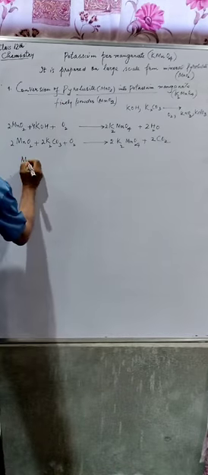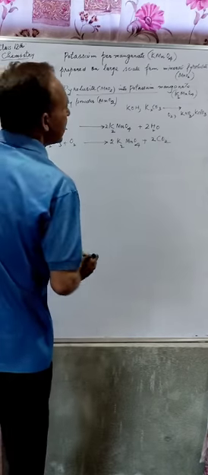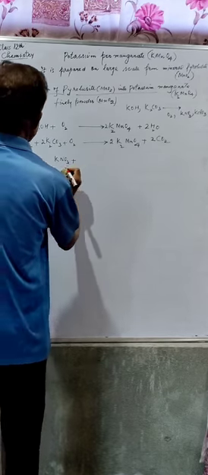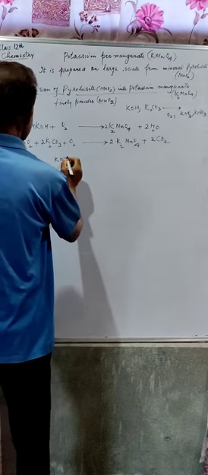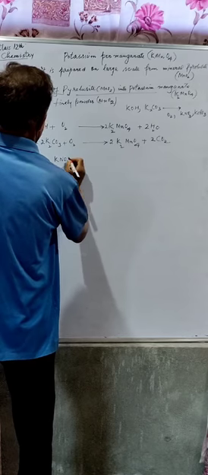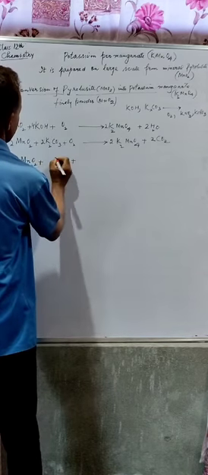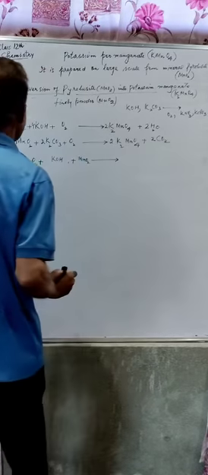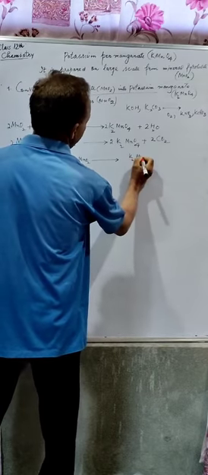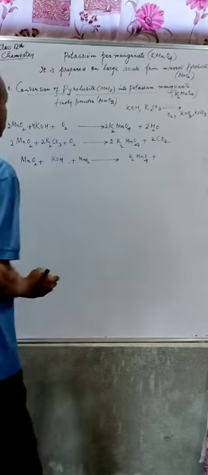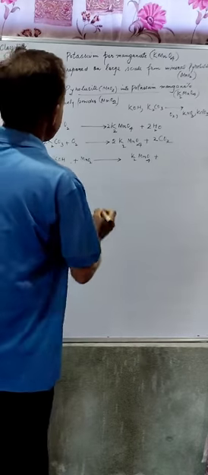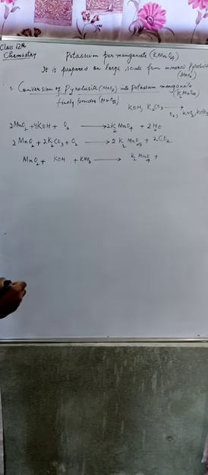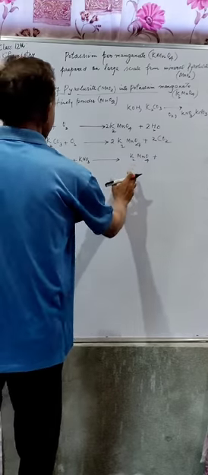Or we can take the reaction in presence of a catalyst like KNO3: MnO2 plus KOH in presence of KNO3, we get K2MnO4.